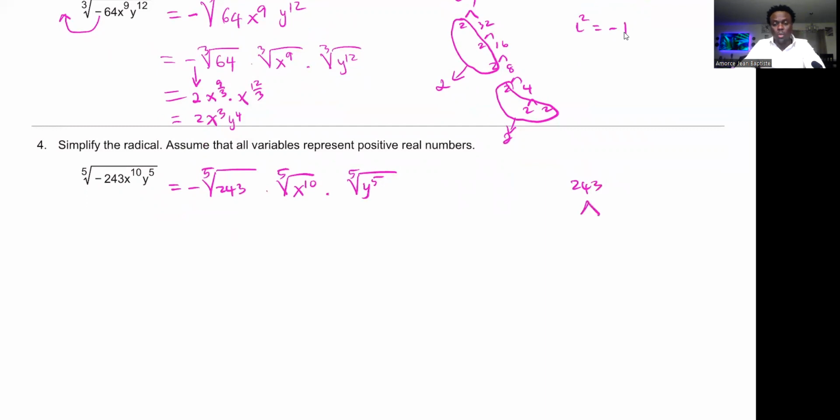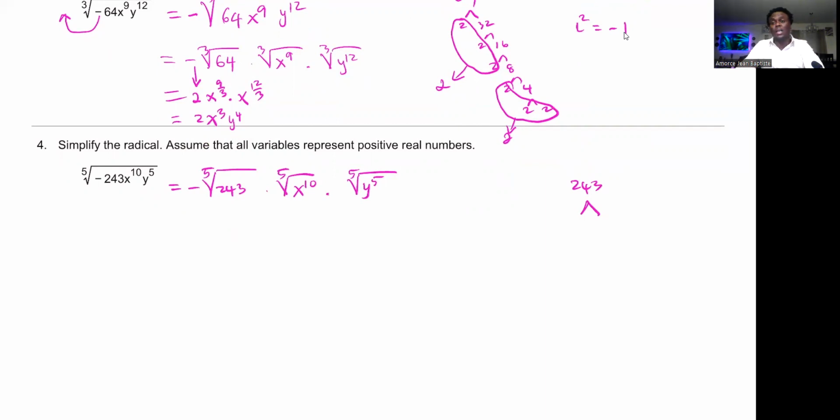We want to see what number will be the first or the smallest prime number to be a factor of 243. It looks like 3 is going to work. 2 plus 4 is 6, and 6 plus 3 is 9.